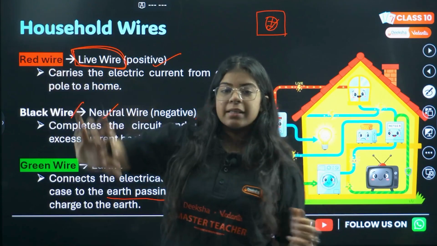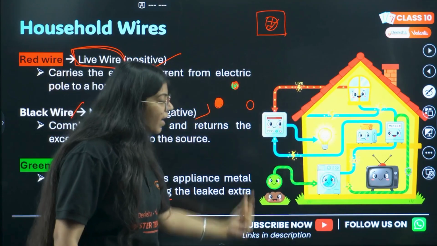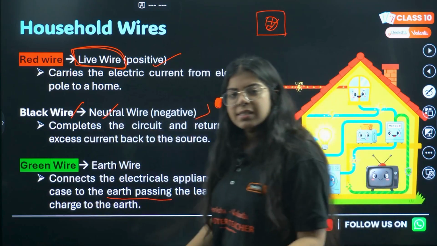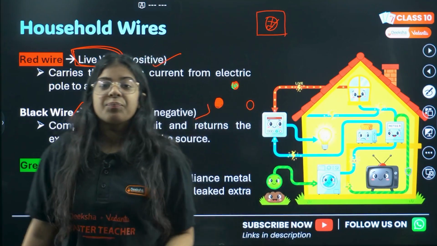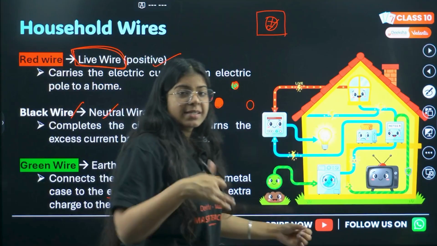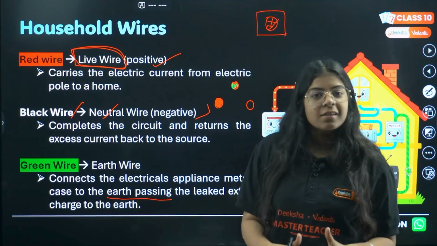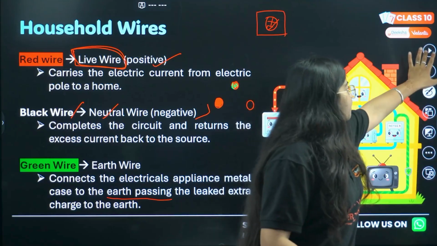Inside this switch, you will see that this wire connects directly into the earth. There is a metallic box inside the earth. We connect it to that, and hence we do not experience any electric current, only because of this earth wire, this green wire. Okay, done.